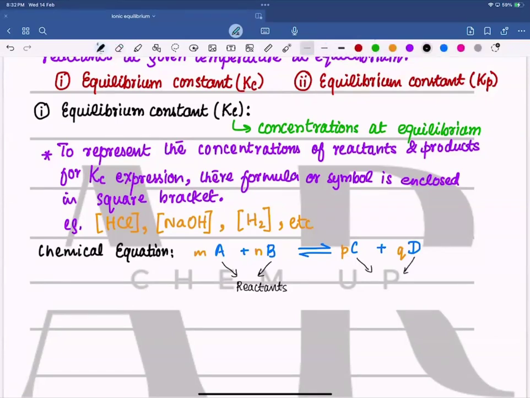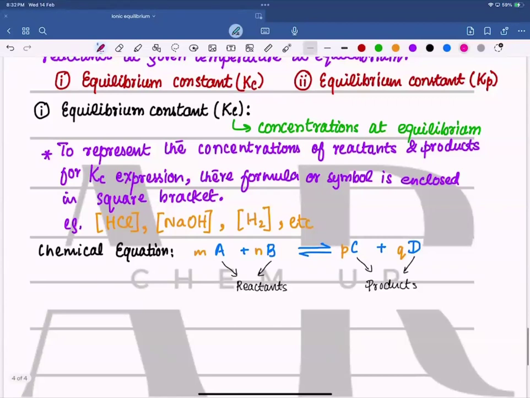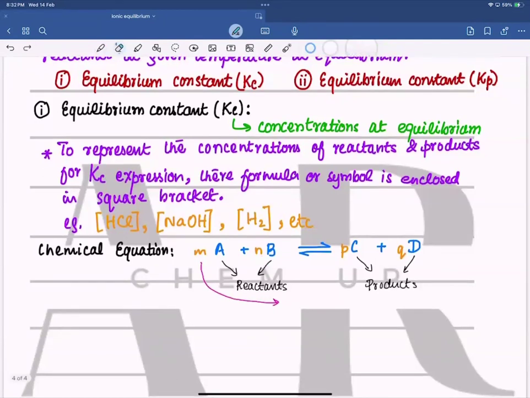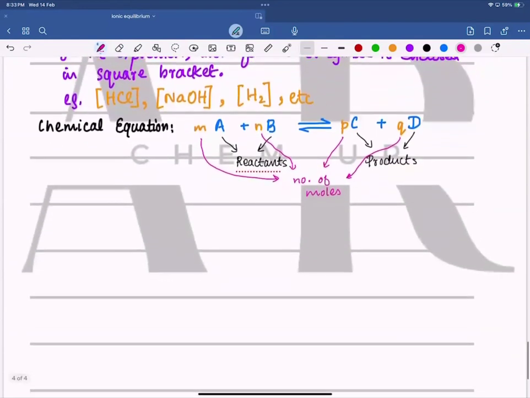This C and this D are products. And this M, this N, this P, and this Q all are number of moles in a balanced equation. Is this clear?